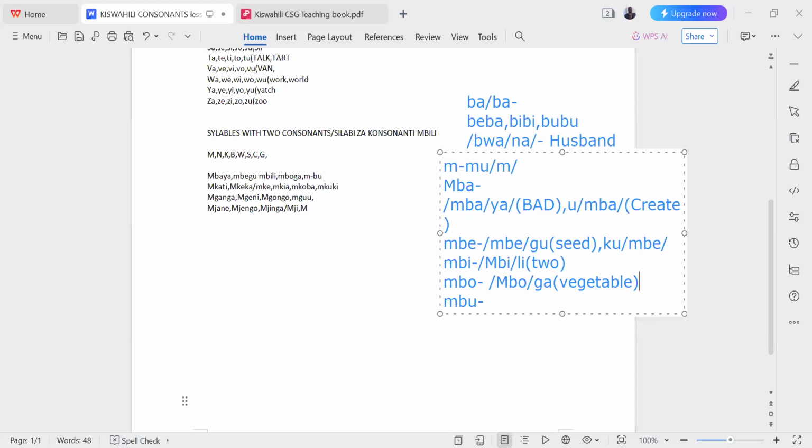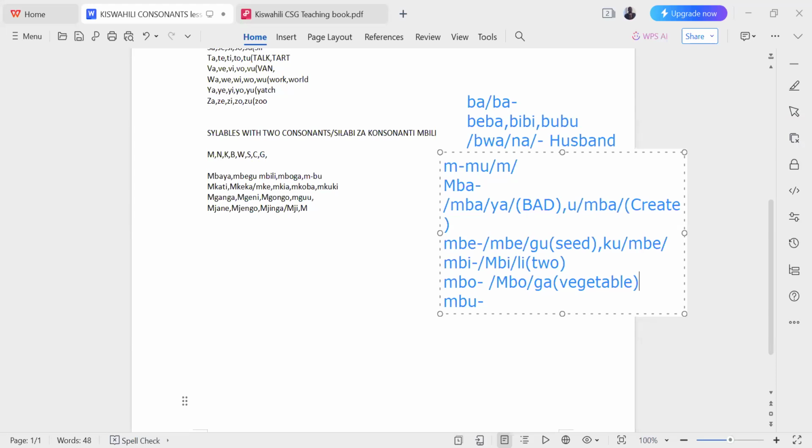So mboga here refers to vegetable, but it's not limited to green vegetable. Can I ask a question, please? Yes. That sounds like the concept we have down south, where we have starch. The starch will be ugali or rice, and then you have something to eat with that. Yes, that's what you are describing here.